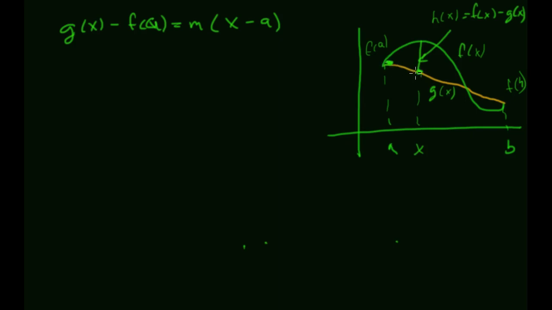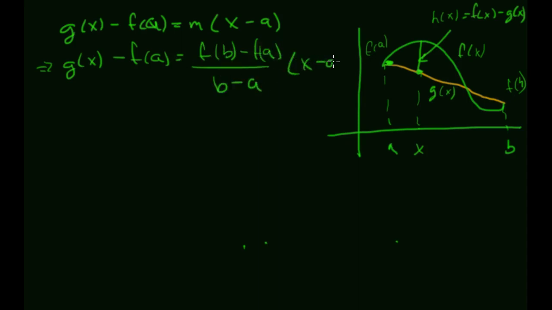Minus the fixed point, so y minus y sub 1 is equal to m, the slope of this, times x minus x sub 1. But we know the slope of that line. The slope of that line is f of b minus f of a over b minus a. So this can be written as g of x minus f of a is equal to f of b minus f of a over b minus a times x minus a.